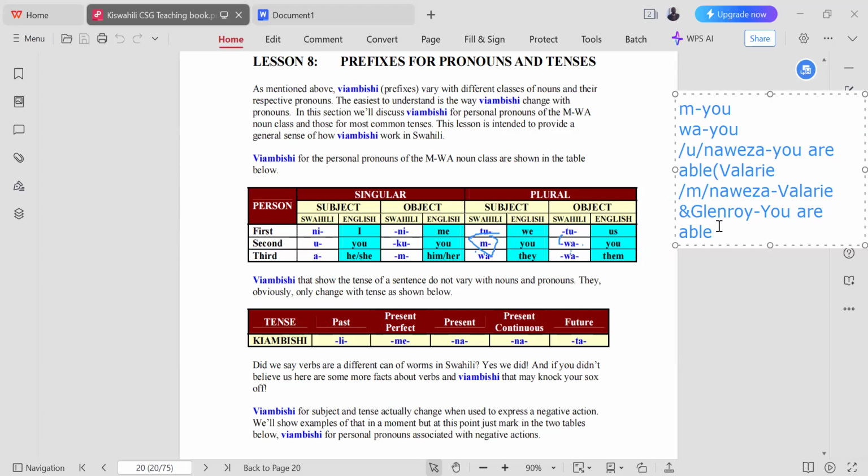Let's get to the third person. I'm trying to explain the object and the subject aspect here. Now, in the second person pronoun, where we've talked of the singular part being unaweza, the plural part is mnaweza.